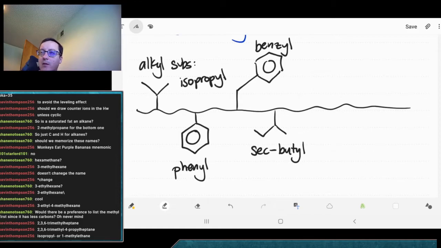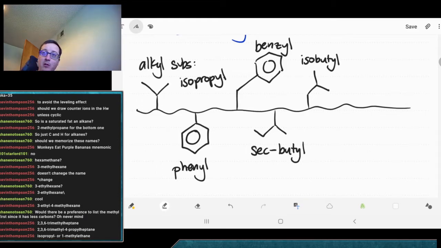Is that 1, 2, 3, 4? Yeah, that's 4. If you are bound to the butyl, but now it's kind of weird like this, where it's kind of an isopropyl with a methyl group also, this is called isobutyl.